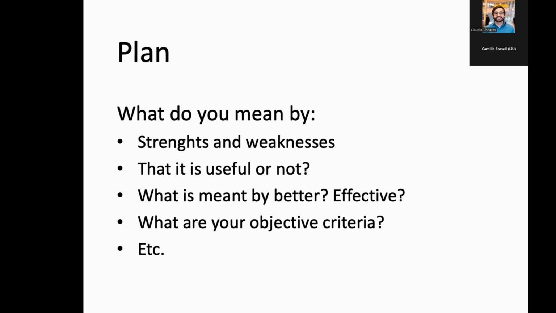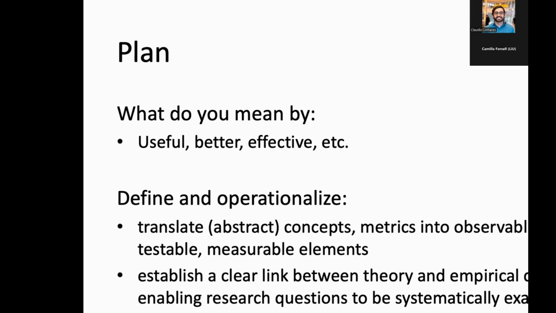It's not uncommon that you read a paper as a reviewer or as a colleague, or read your own paper and realize that you haven't really defined this enough, at least. So we talk about to define and operationalize, translate sometimes quite abstract concepts to something that is observable, testable, and measurable.